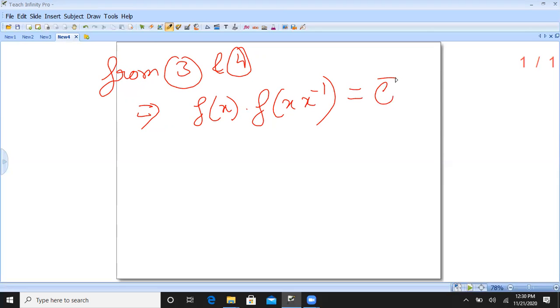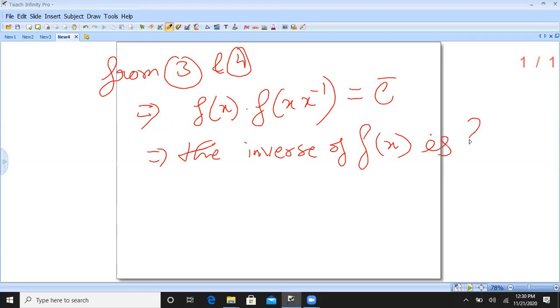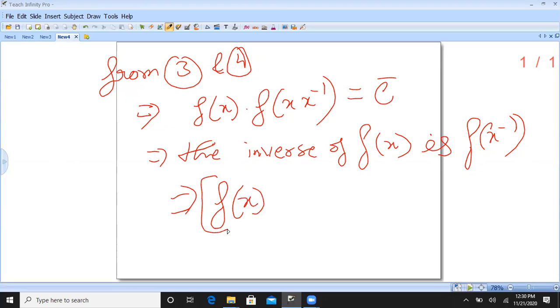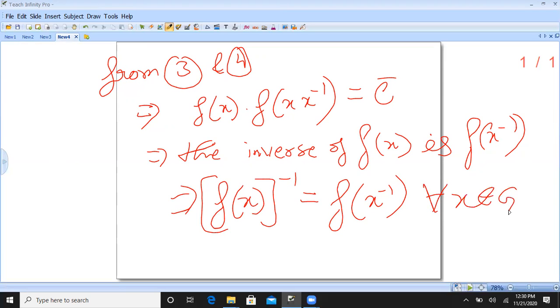That implies the inverse law: the inverse of f of x is f of x inverse. So we write f of x whole inverse is equal to f of x inverse, for all x belongs to capital G.